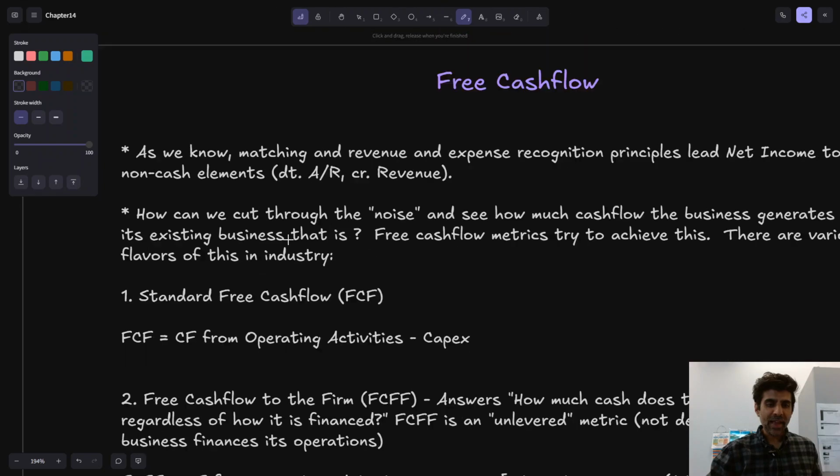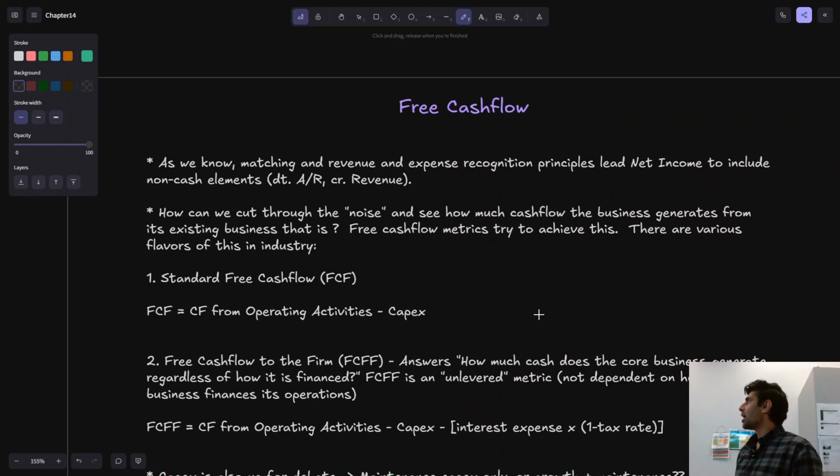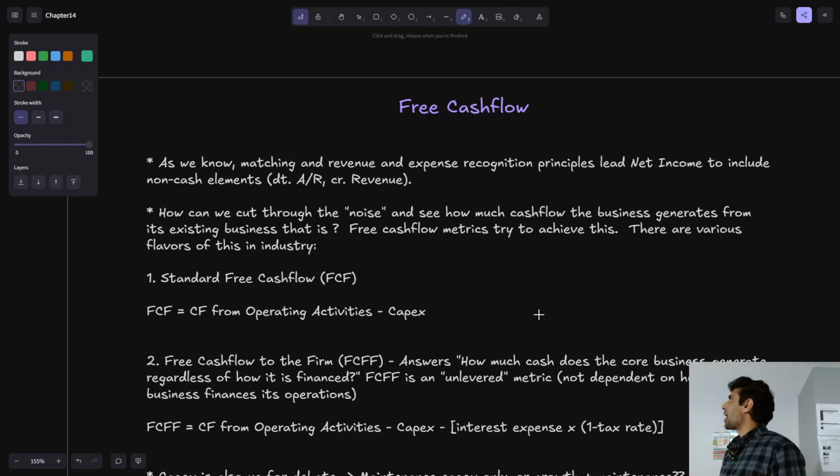Okay, so free cash flow. This is a very used metric in business analysis because investors really, in the end, care how much cash the company's bringing in, which cuts through a lot of nonsense and a lot of the accounting ambiguities.